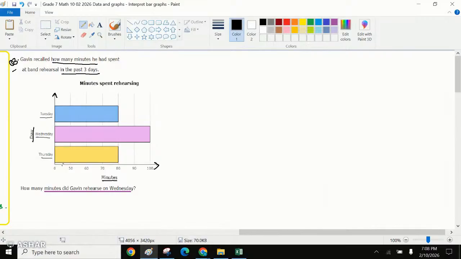So which bar has the more minutes to it? We say this was 100, this was 80, and this is also 80, right?